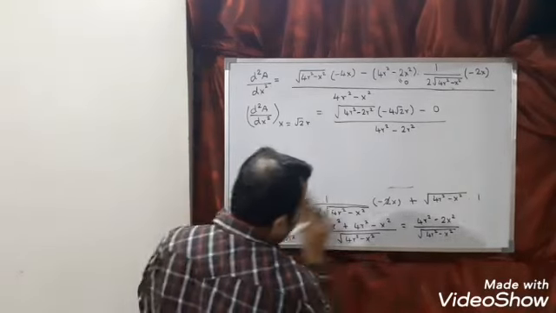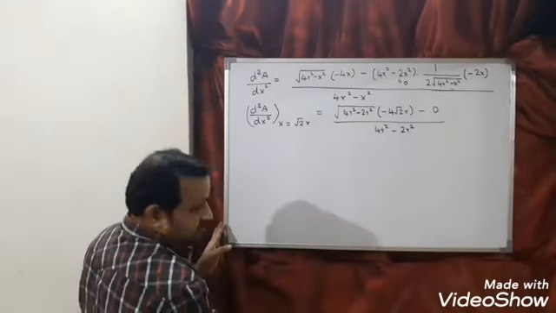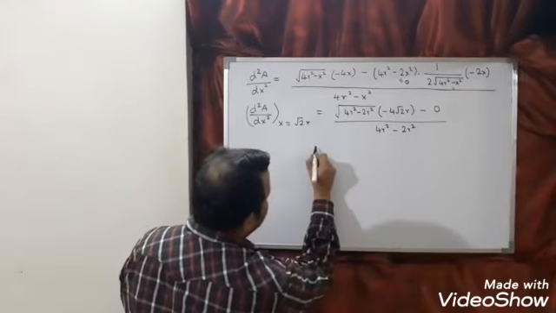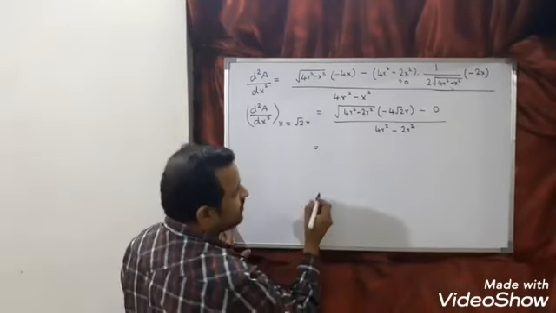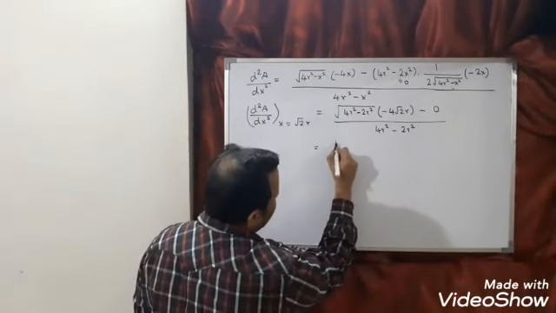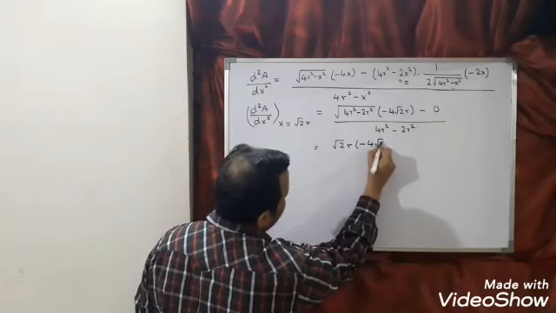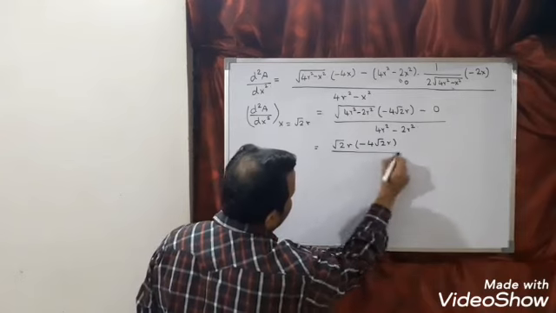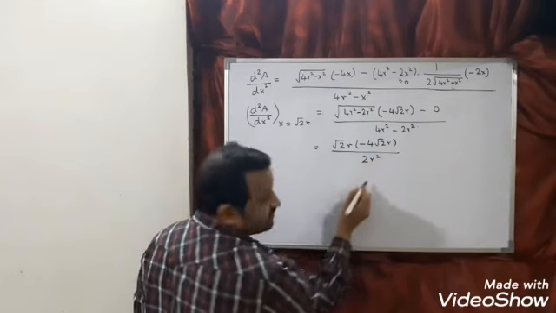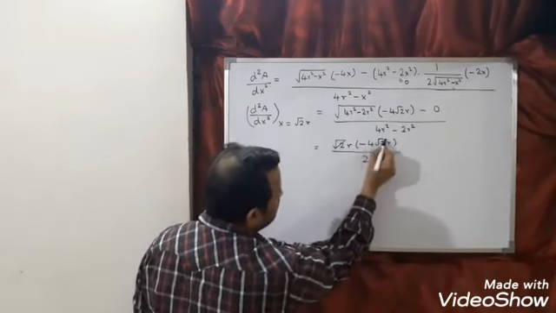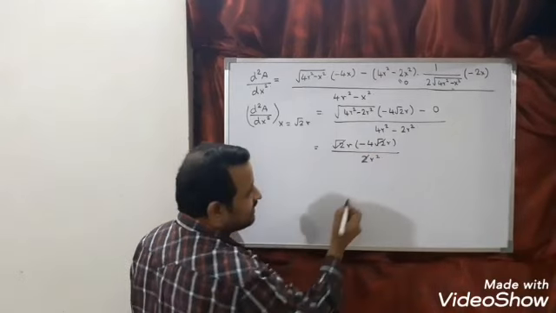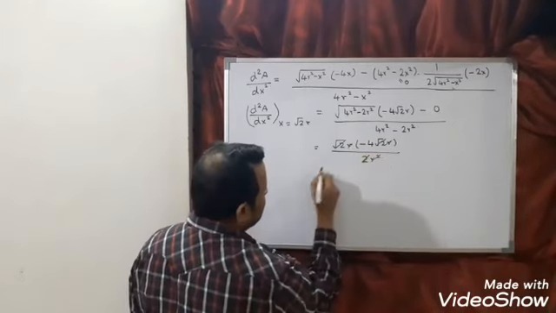Let us simplify this. So this we can write as, tell me, 4r square minus 2r square, 2r square. So what you will get? Root 2r into minus 4 root 2r divided by 2r square. So you can see here root 2r will get cancelled. R square also will get cancelled.